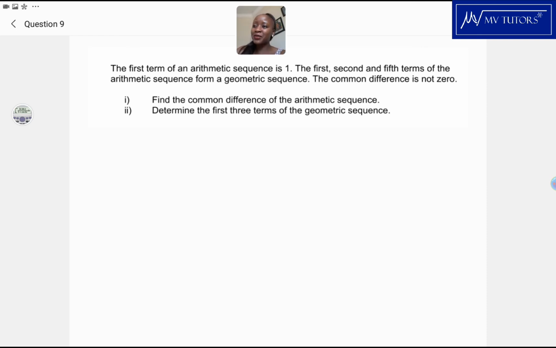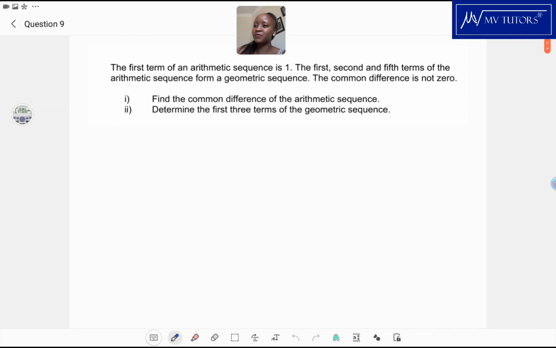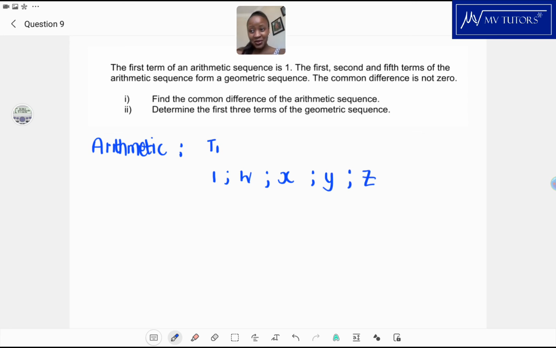Okay, so for this arithmetic sequence, I have the first term as 1, then the second term, third term, fourth term, and fifth term.